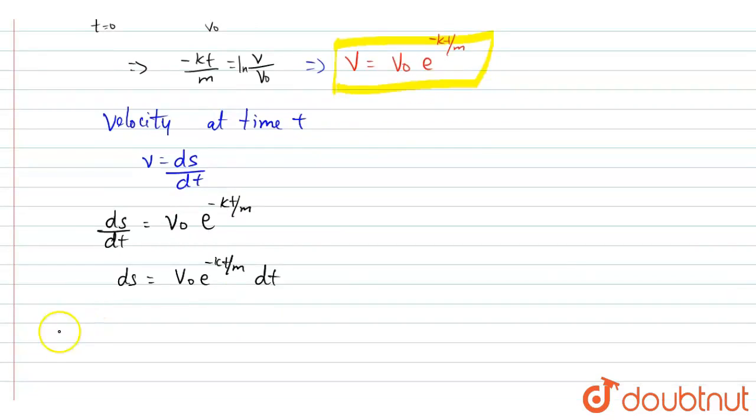Now I'm going to integrate on both sides. Integrating ds, this is the starting position and this is the end position, equals the integral of velocity at time t, from 0 to t, of v0 e power minus kt divided by m into dt.